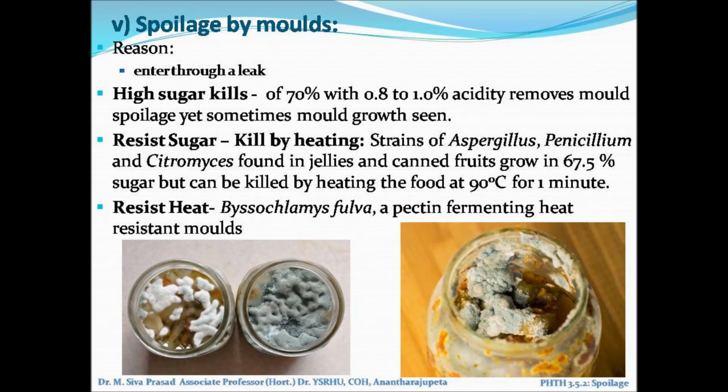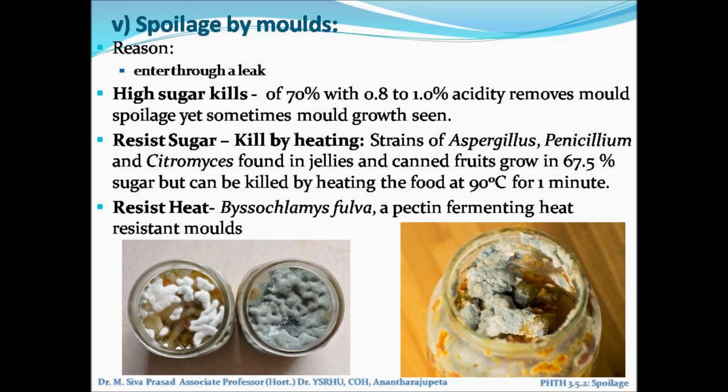But where do these molds come from? They enter into the cans through leakages caused by faulty seaming or faulty sealing, or any kind of mechanical damage. So these molds basically enter through the leakages.